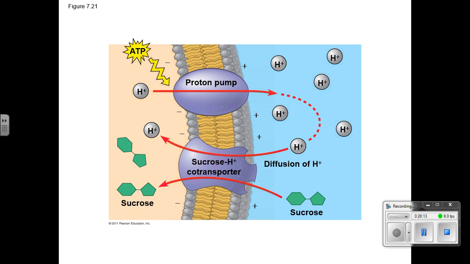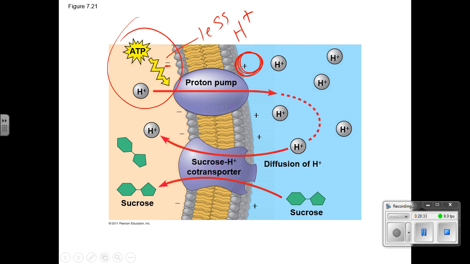So here is the example of the sucrose proton co-transporter. Energy is required here for this proton pump. This is going to pump lots of protons up here. That's going to cause that voltage difference. So even though over here doesn't necessarily have a bunch of negatives, it has less positive ions than the side over here.